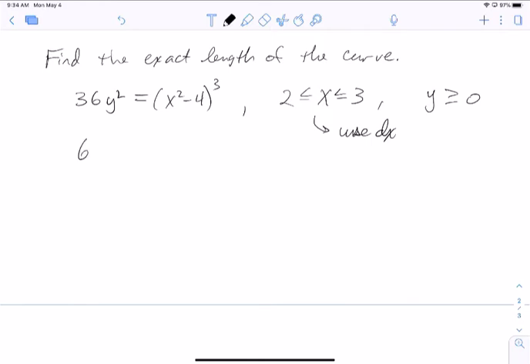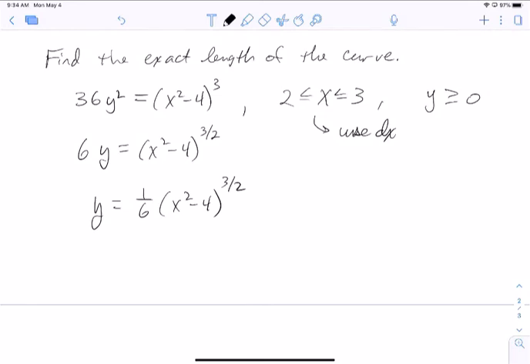So we get 6y is equal to x squared minus 4, the quantity to the 3/2 power. I don't need the plus or minus because we were told that y is greater than or equal to 0. So then y is going to equal 1/6 times the quantity of x squared minus 4 to the 3/2 power.